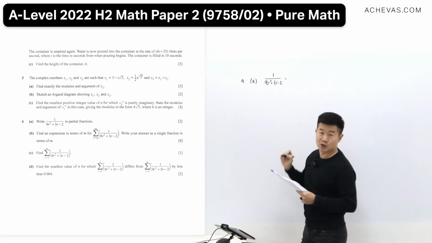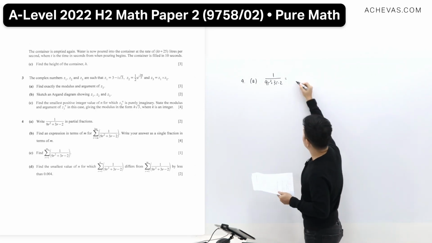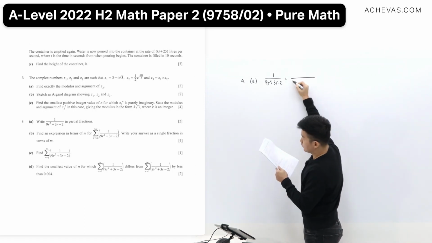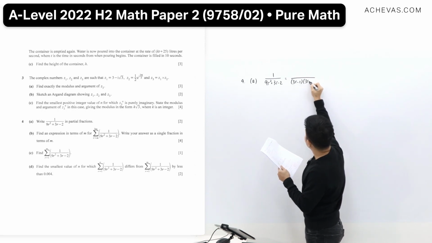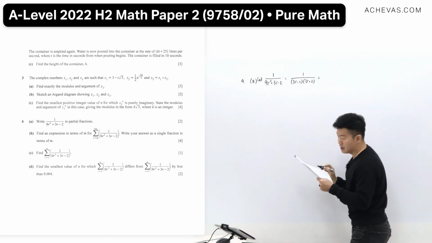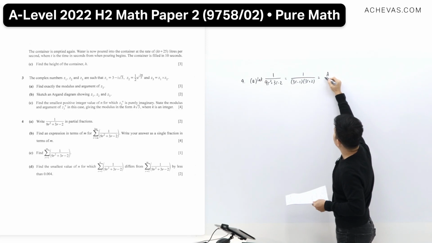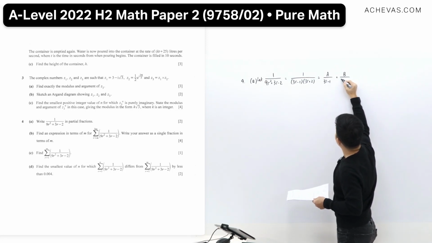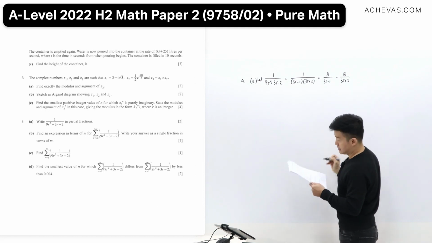We want to rewrite this into its partial fraction. So for the denominator, if I were to factorize this, we will have a 3r minus 1 and a 3r plus 2. So we are going to let this be equal to a over 3r minus 1 plus b over 3r plus 2.